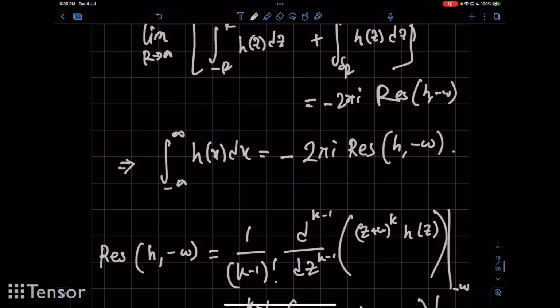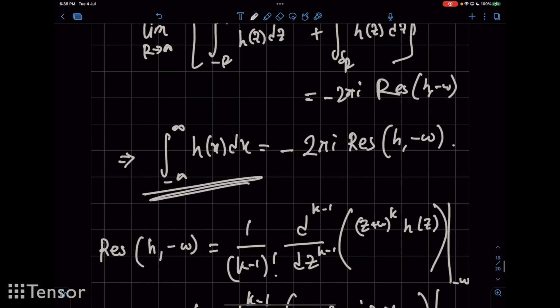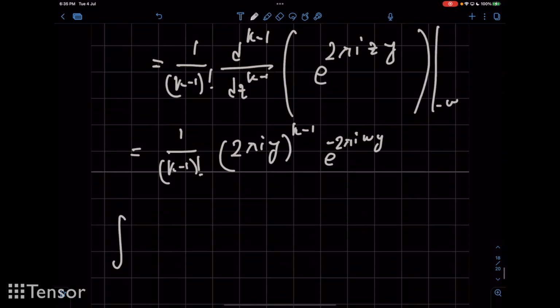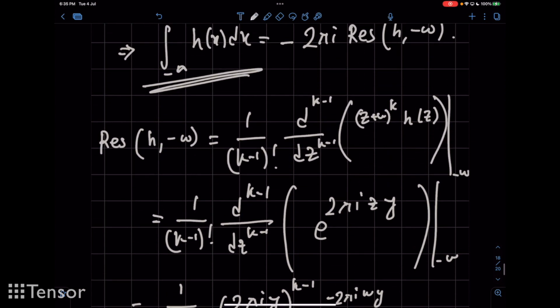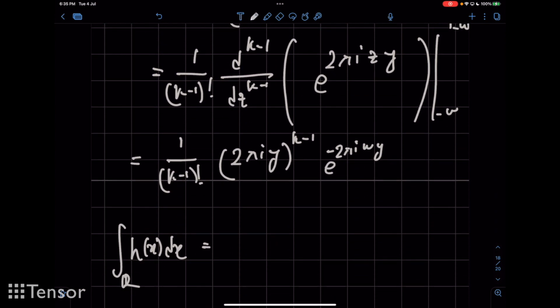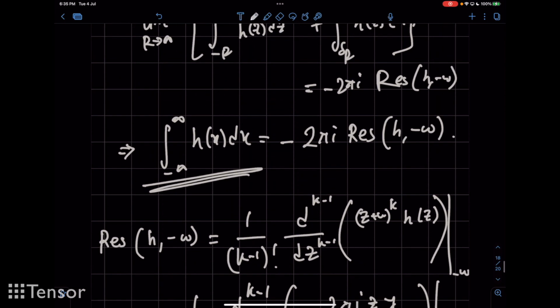Therefore, the integral of h of x dx from negative infinity to infinity is equal to, we have a negative sign in front, right?